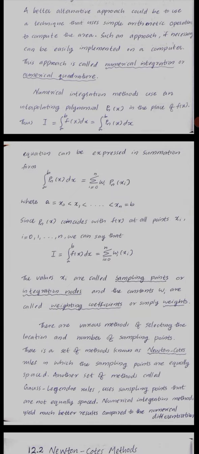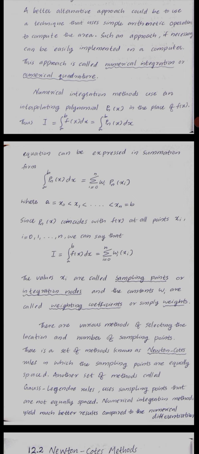Since Pn of x coincides with f of x at all points xi, i equal to 0, 1, etc. n, we can say that I equal to integral a to b f of x dx equal to summation i equal to 0 to n wi f of xi.